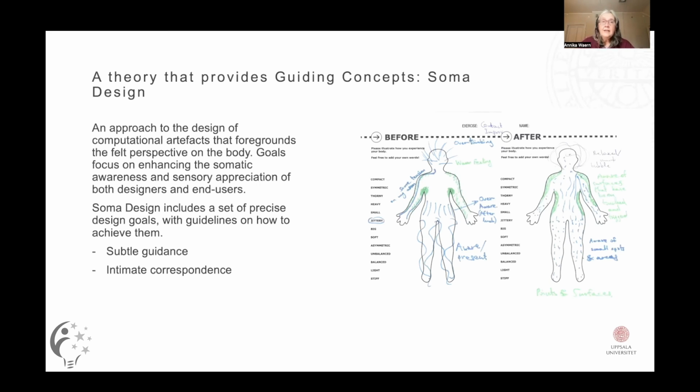Soma design can provide a lot of guidance, but it is also a theory that isn't always applicable. In some of the design projects we do in movement-based design, this is very relevant. In other settings, it doesn't make sense at all. But when it makes sense, it can give a lot of guidance.